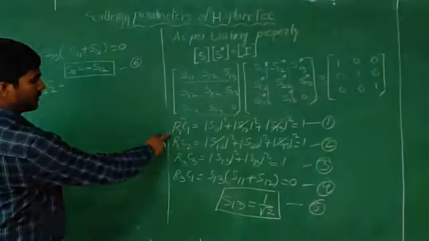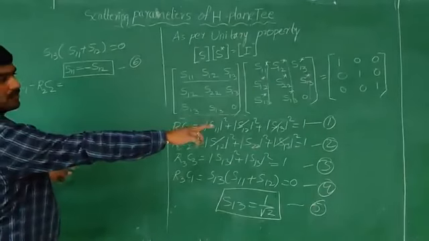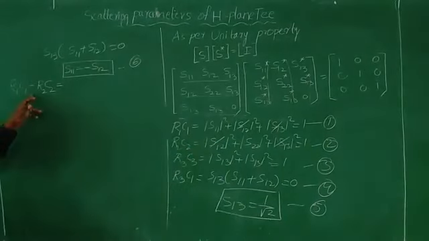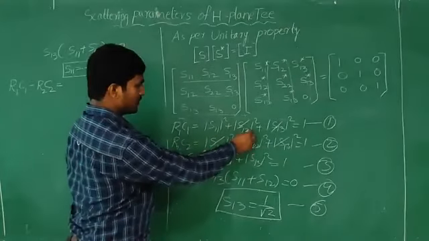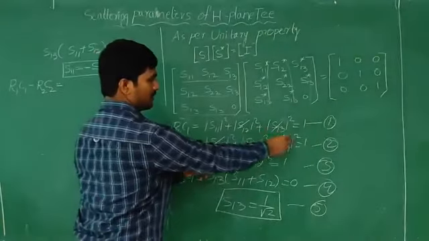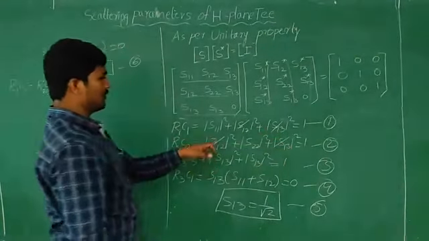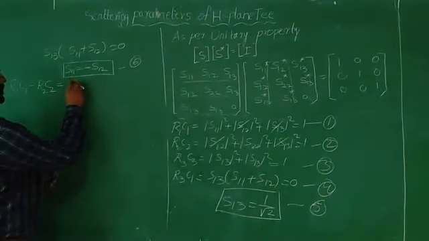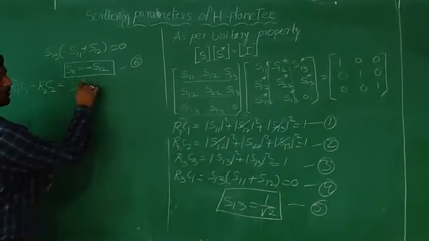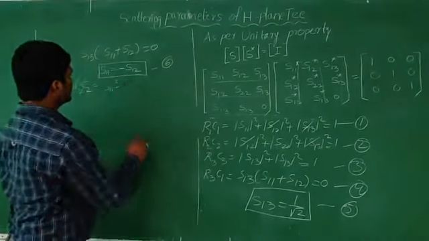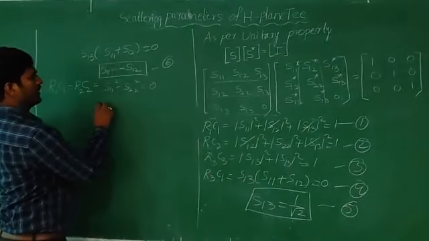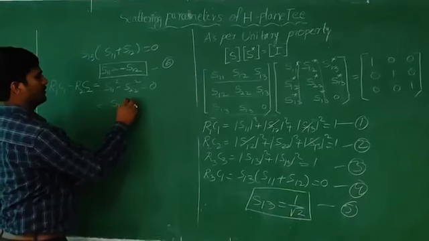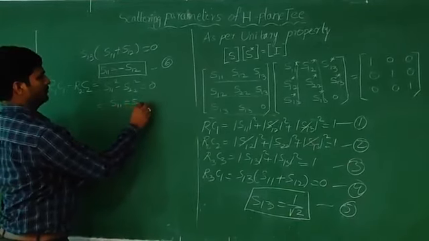Now I am going to subtract equation 1 minus equation 2, that is R1 C1 minus R2 C2. Here the common terms will be cancelled. S11 and S12 cancel, S13 and S23 cancel. Remaining terms are S11 squared minus S22 squared. From this equation we can write S11 equal to S22.